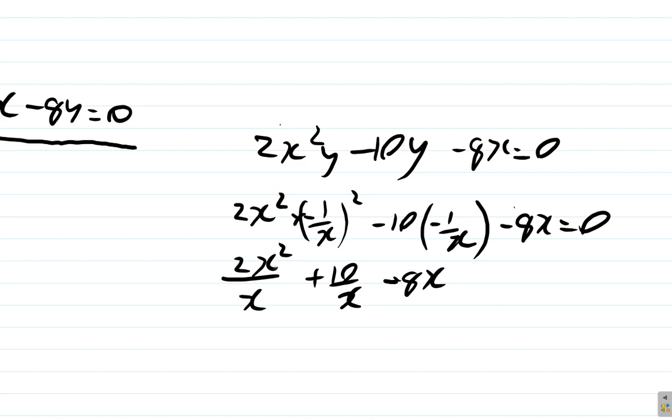So what you'll get is x, and we cancel this. So you have 2x minus 8x plus 10 over x equals 0.